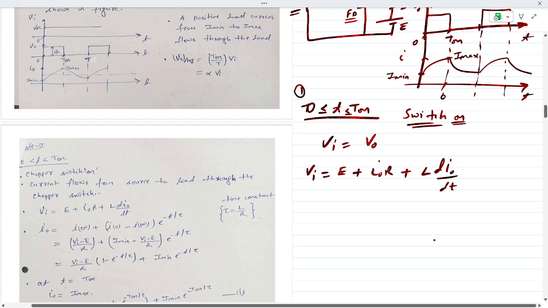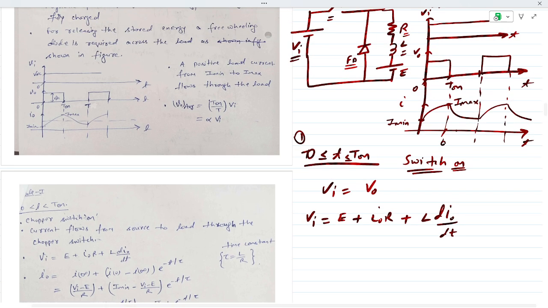Now, we know this is the exponentially rising nature of current, and we have certain key equations for getting the nature of this exponentially rising current.